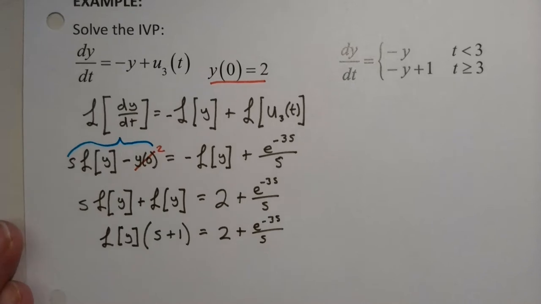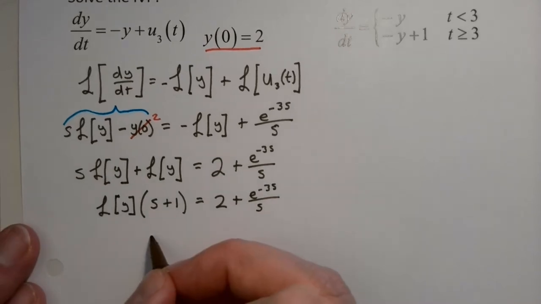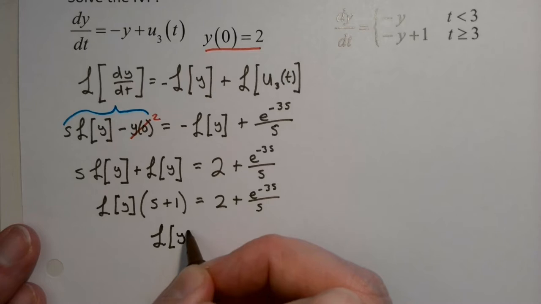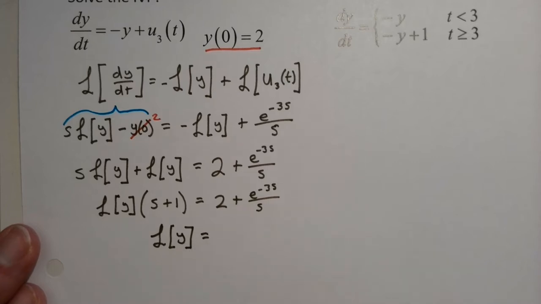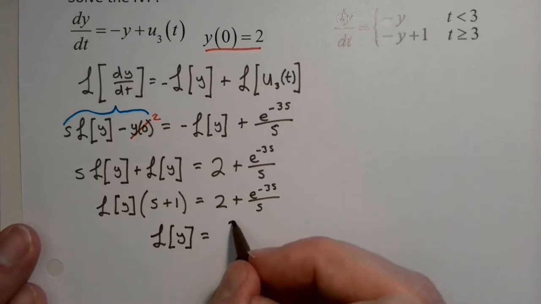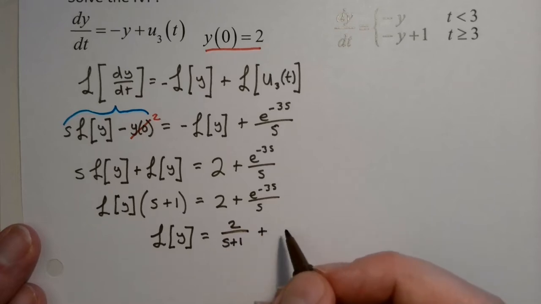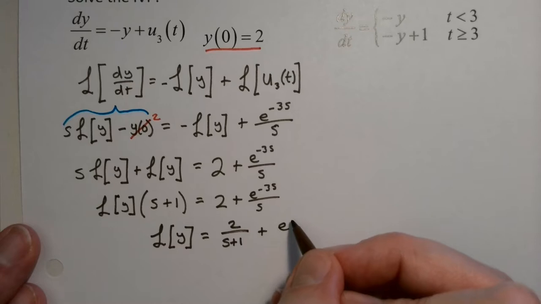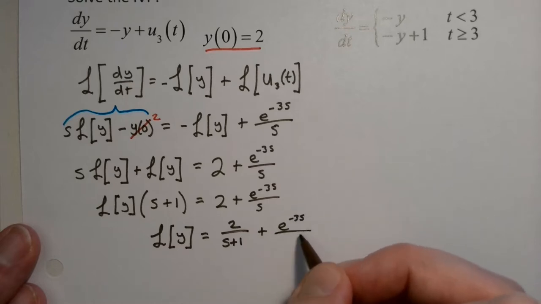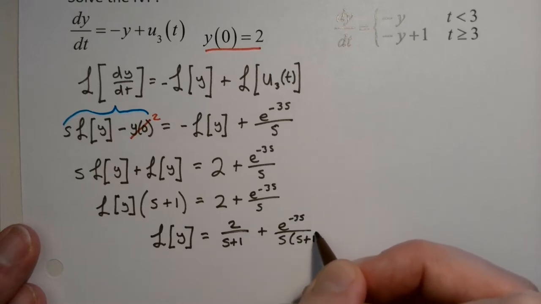Divide both sides by s plus 1. And you basically know the Laplace transform of the solution looks like this. It's going to be 2 over s plus 1 plus this guy, e to the minus 3s over s times s plus 1.